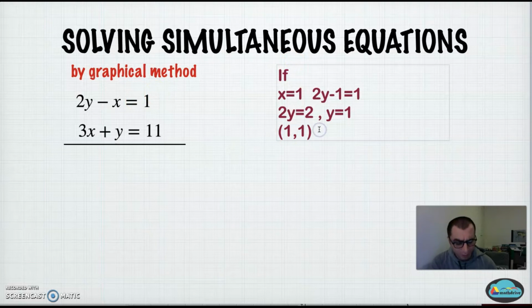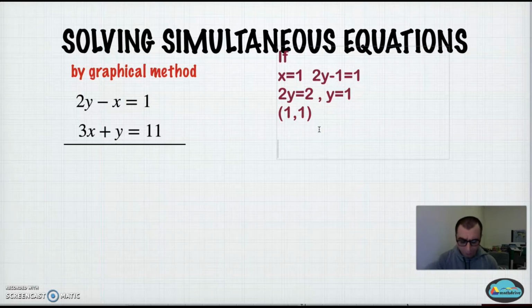So I need another point. You can give, let's say, x is equal to 2. Doesn't matter. But if you put 2 here, I believe you're going to get a decimal. You can even choose the values you like. Let's say x is equal to 3. Don't deal with decimals.